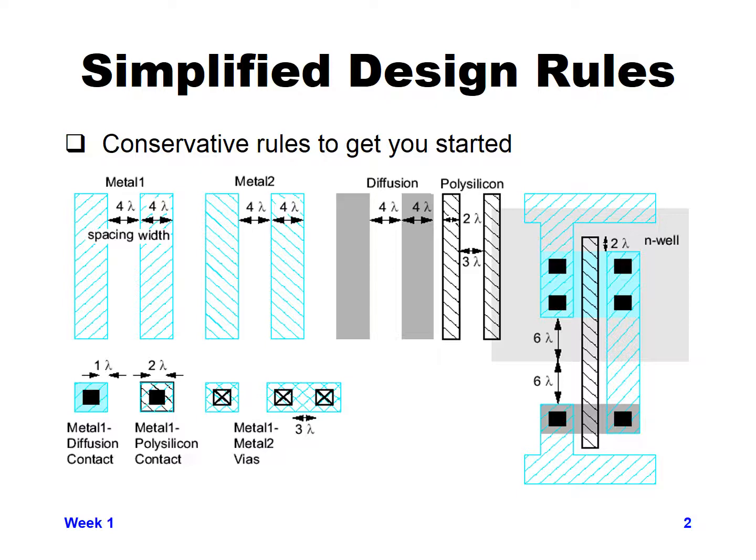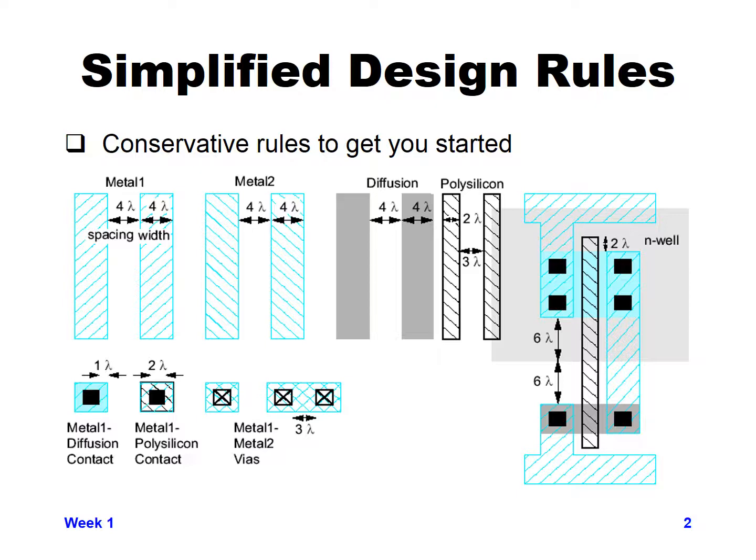Another design rule that you might have, if you look in the lower left, is when you're making connections to your metal, you have to make sure that the via, where you're cutting out material in order to make contact between different layers, overlaps with metal and has enough overhang, such that if the metal doesn't completely line up with the via, you don't get a short or an open.